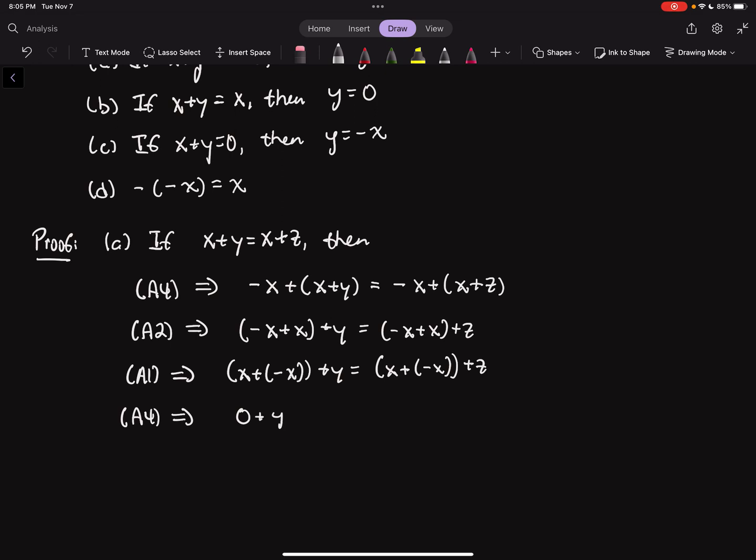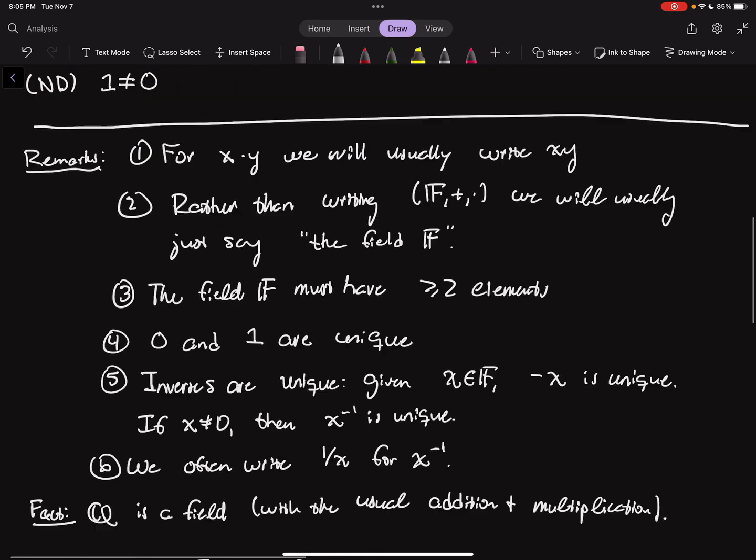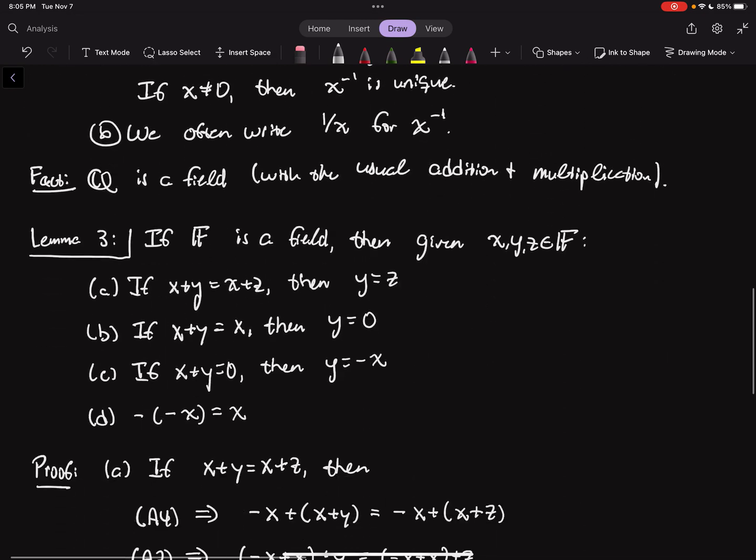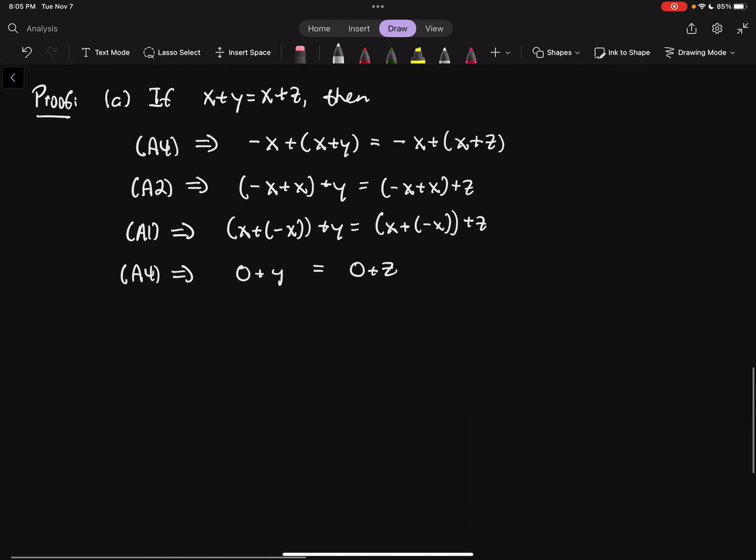0 plus y equals 0 plus z. And I think we need to use, so we need the 0 on the right if we want to remove the 0.